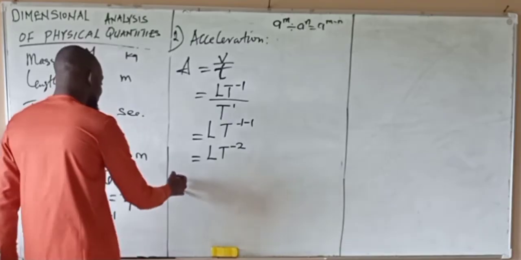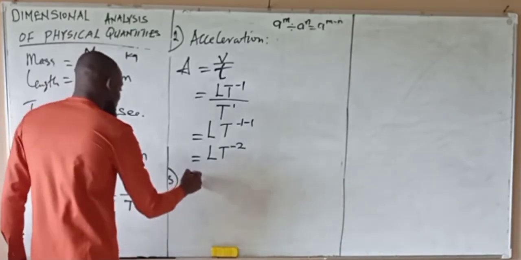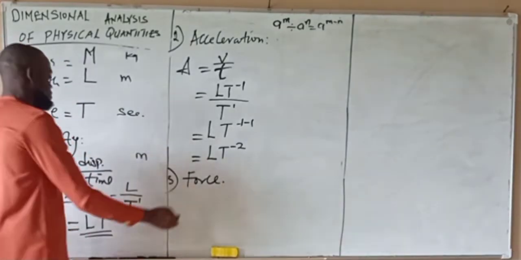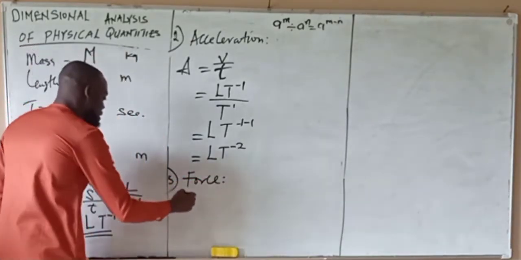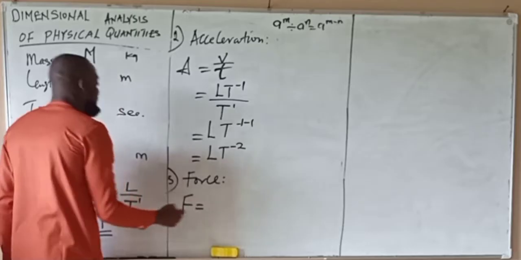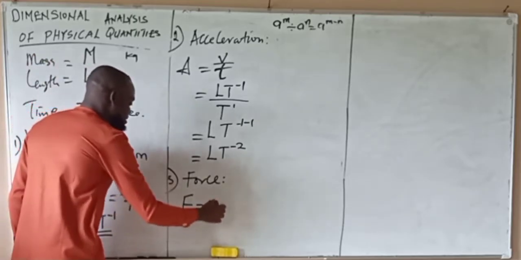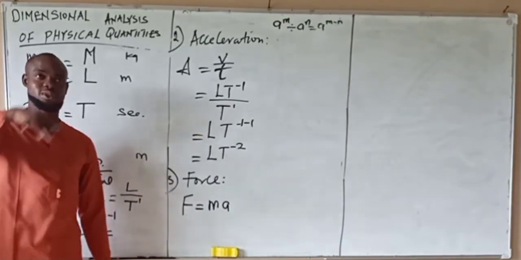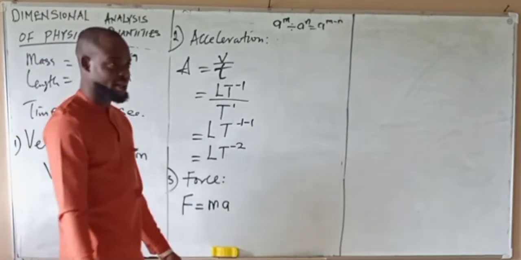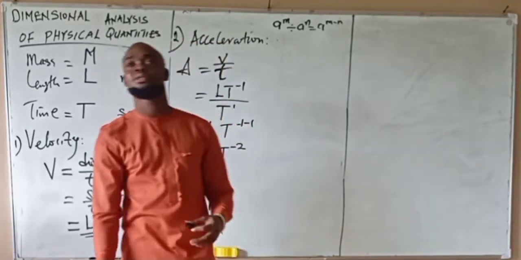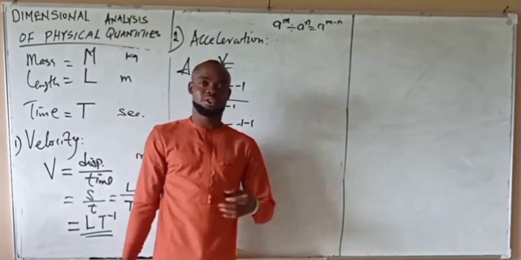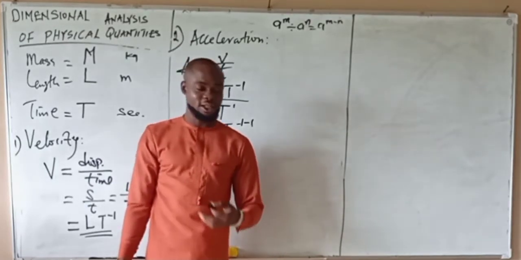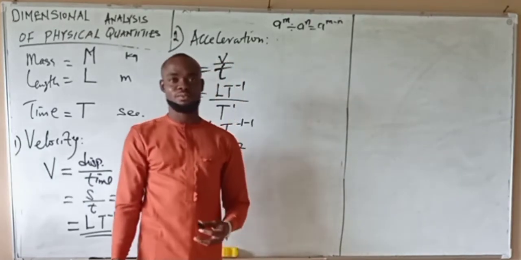So let's start the third one: the dimension for force. Let's look at the dimension of force. Now, what is force? Force is defined as mass times acceleration. That's how we define force. Remember Newton's second law of motion: the rate of change of momentum is directly proportional to the applied force.